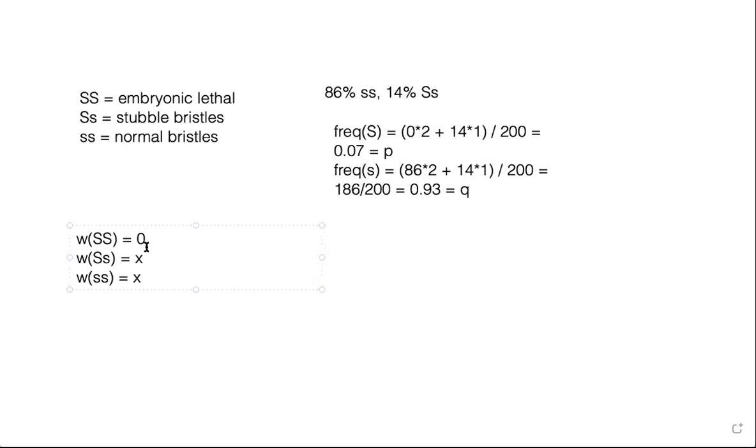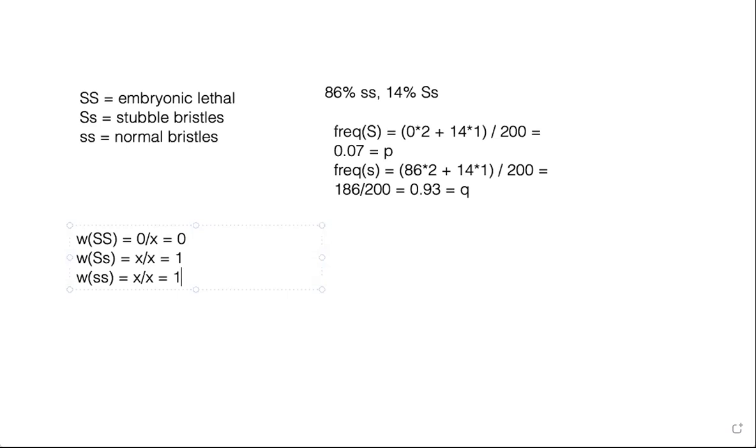So X is the biggest. So we divide each term by X, like so. And 0 divided by X is equal to 0. X divided by X is 1. And X divided by X is 1.